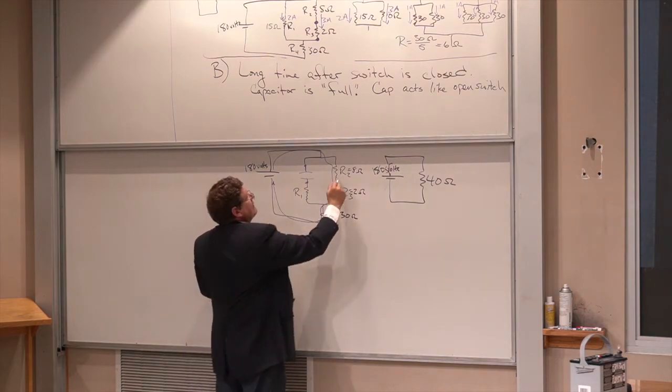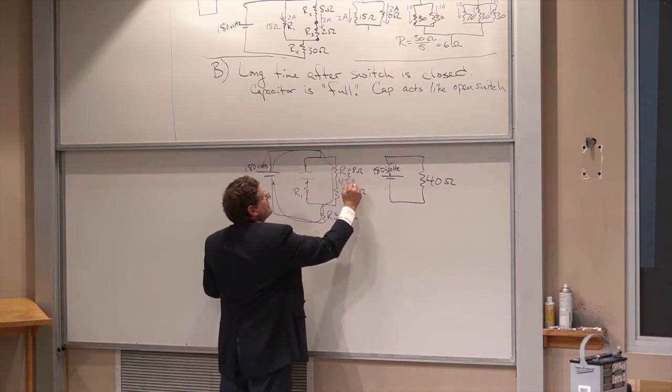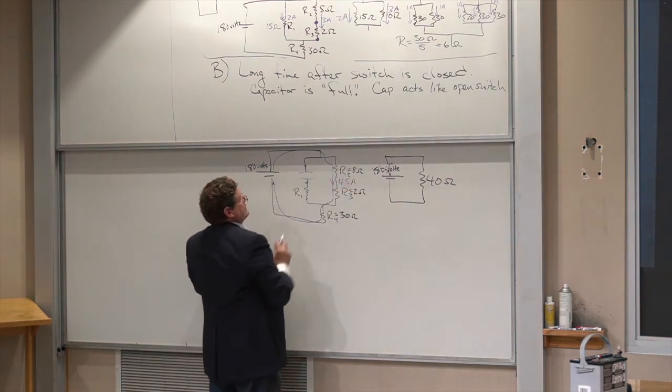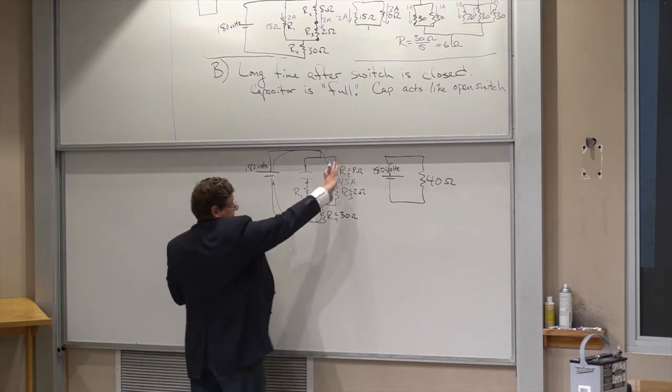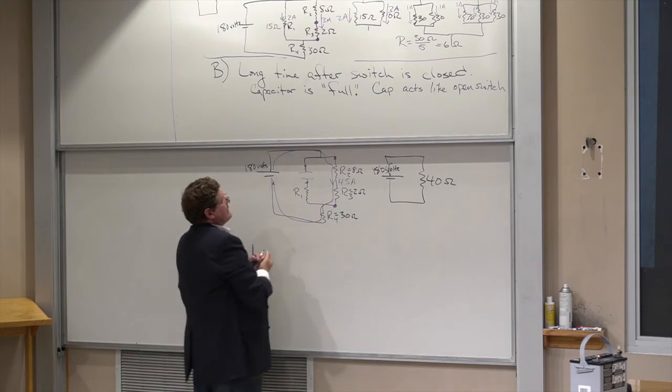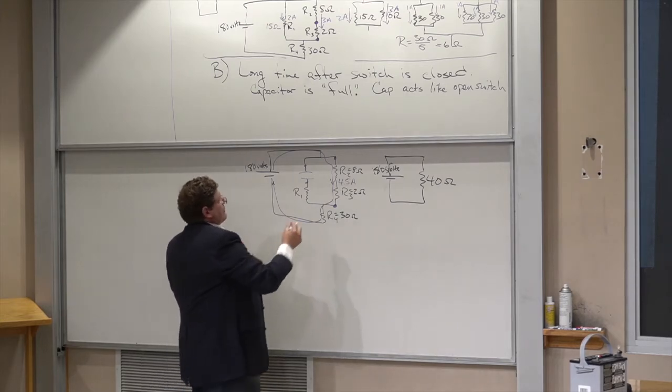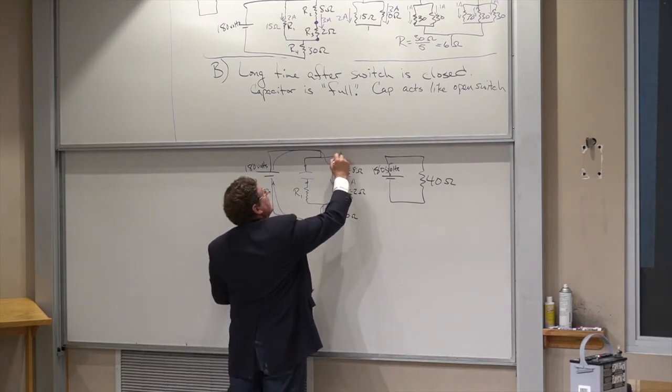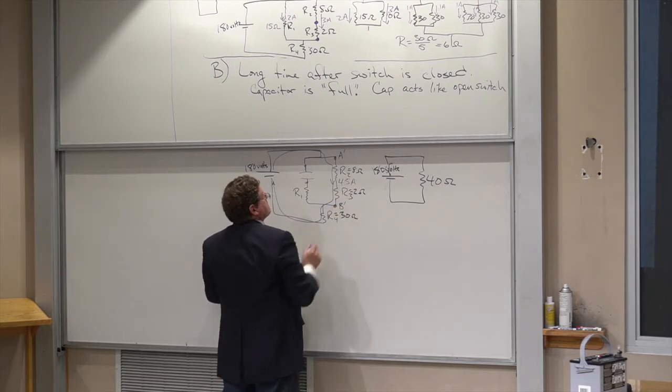Well, if I have 4.5 amps flowing from here to here, that would be 10 ohms. Let's call this A prime and B prime.